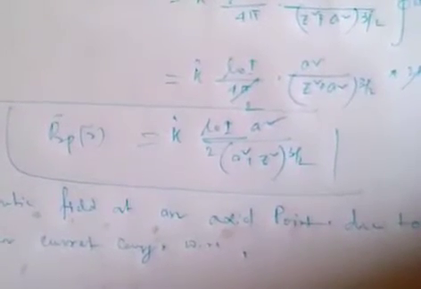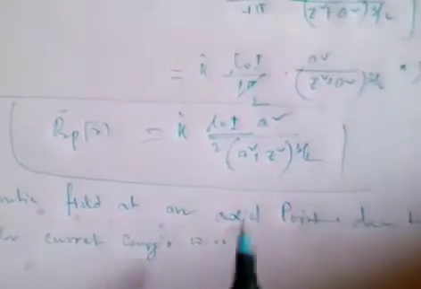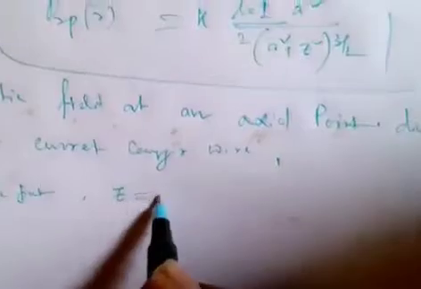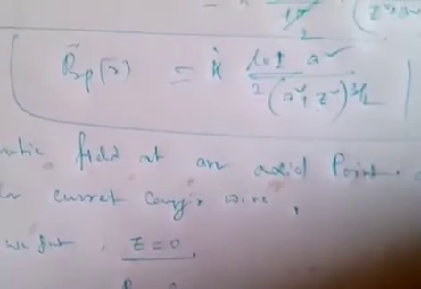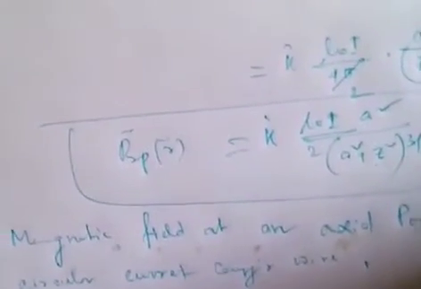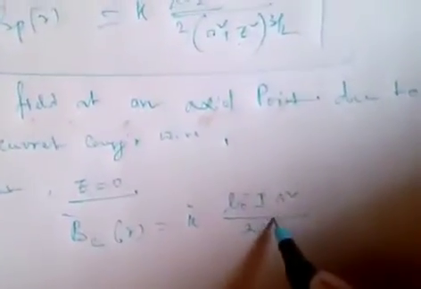One interesting thing is when you want to find out magnetic field at the center, just put the value z equal to 0 here. If you put z equal to 0, then you get BC at r, or say BC equal to k cap mu 0 I a square by 2a cube. Finally, it will be k cap mu 0 I by 2a.